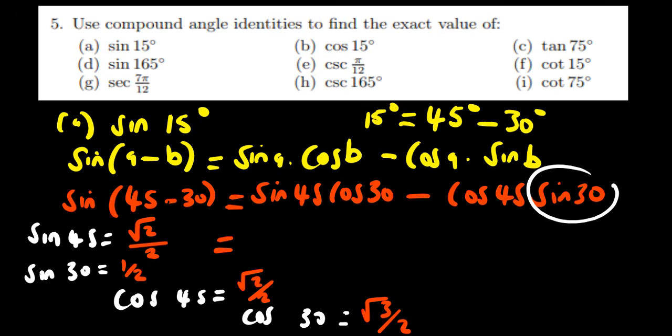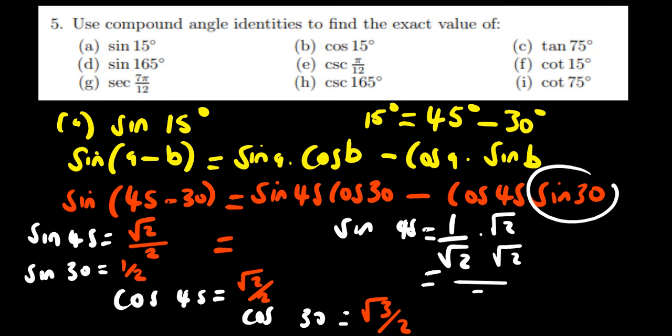You know that sine 45 is the same as 1 over root 2. Now you don't want to have a root 2 down, so you multiply by root 2 on both top and bottom so that you cancel the root 2 down. The root 2 and the root 2 will divide, and that's the interpretation there. That's why I'm writing them like that.